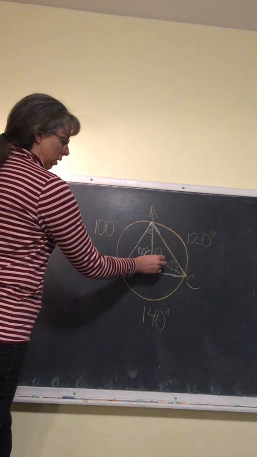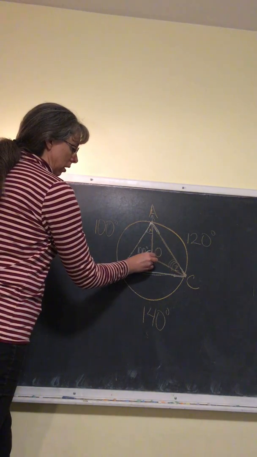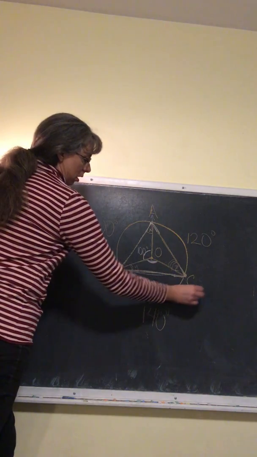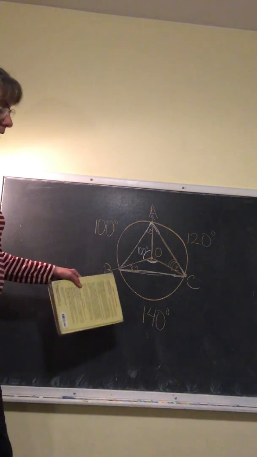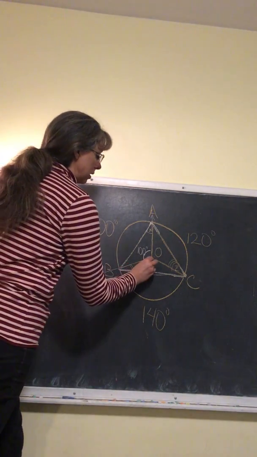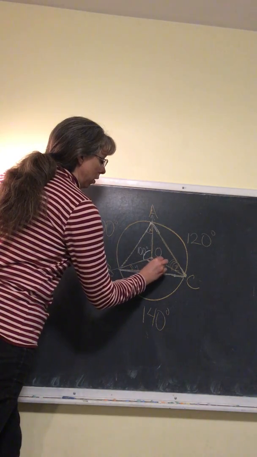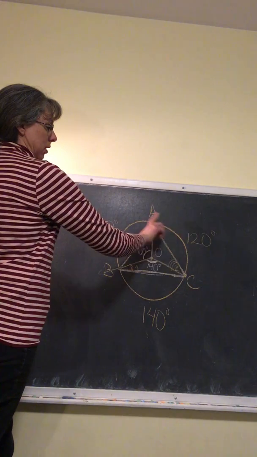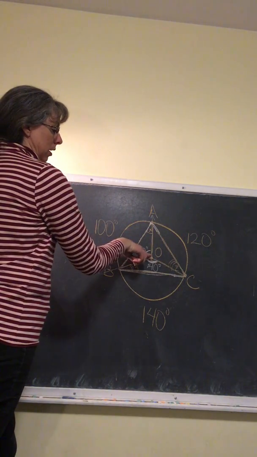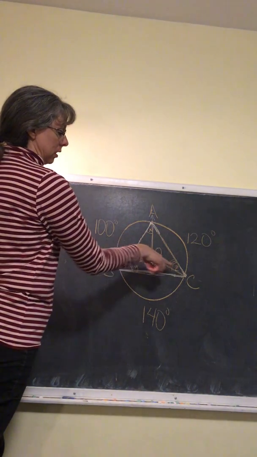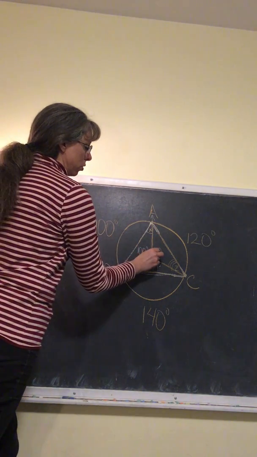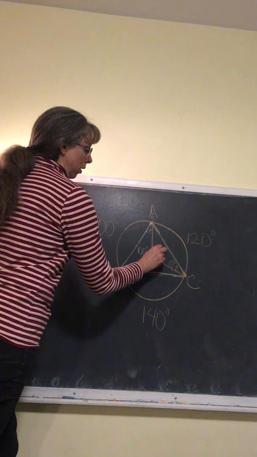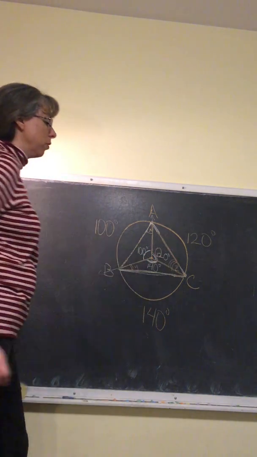Similarly, angle BOC here intercepts arc BC, which is 140 degrees. That makes this a 140 degree angle. And likewise, arc CA is 120 degrees. Its corresponding central angle is COA. So that also is the same measure then as that arc, 120 degrees.